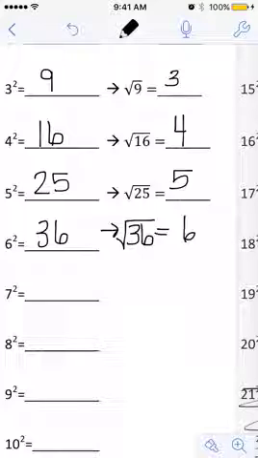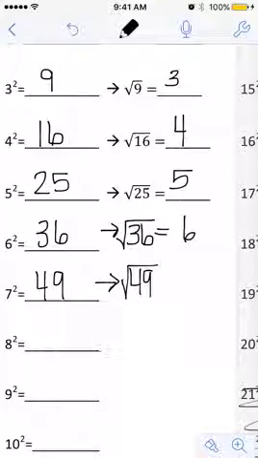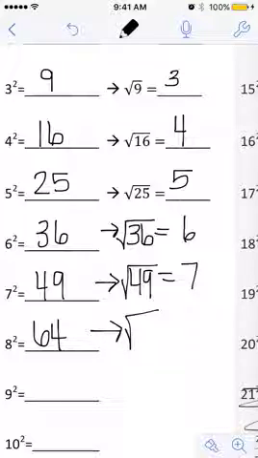And we're going to continue this pattern up through 20. So 7 squared, 49. And the square root of 49 is equal to 7. 8 squared, 64. And the square root of 64 is equal to 8.